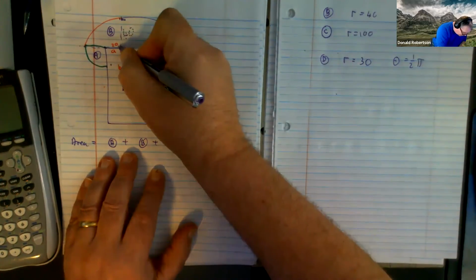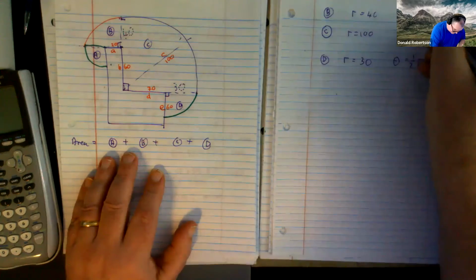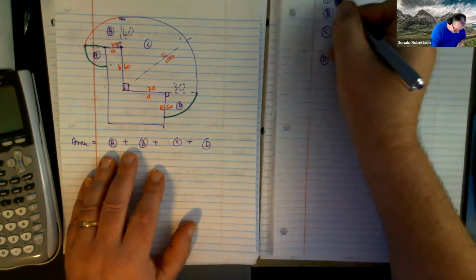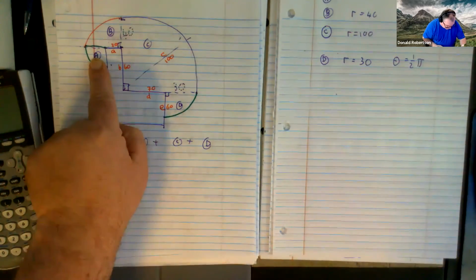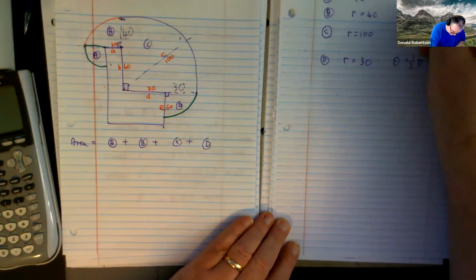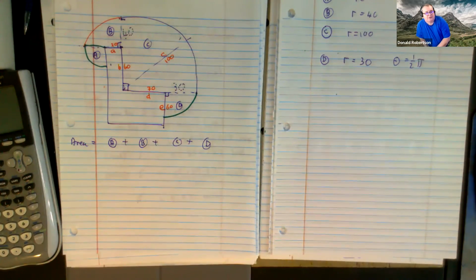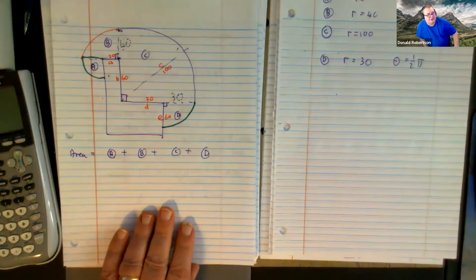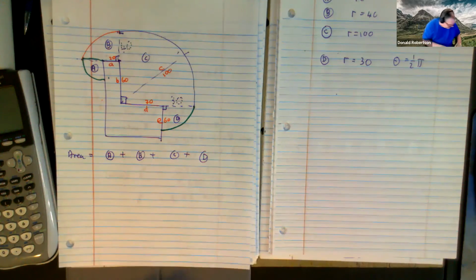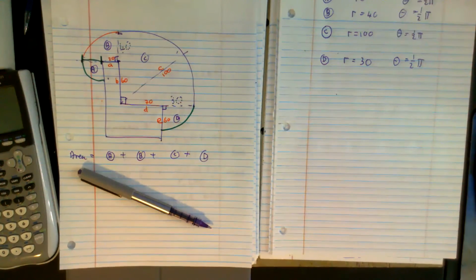Of course, isn't the angle still 90 degrees, which is 1/2 pi? And then you get to A, the last one, that little baby corner. I know the angle is 90 degrees, so that's good. What is the radius, which is this distance here? That would be 20.